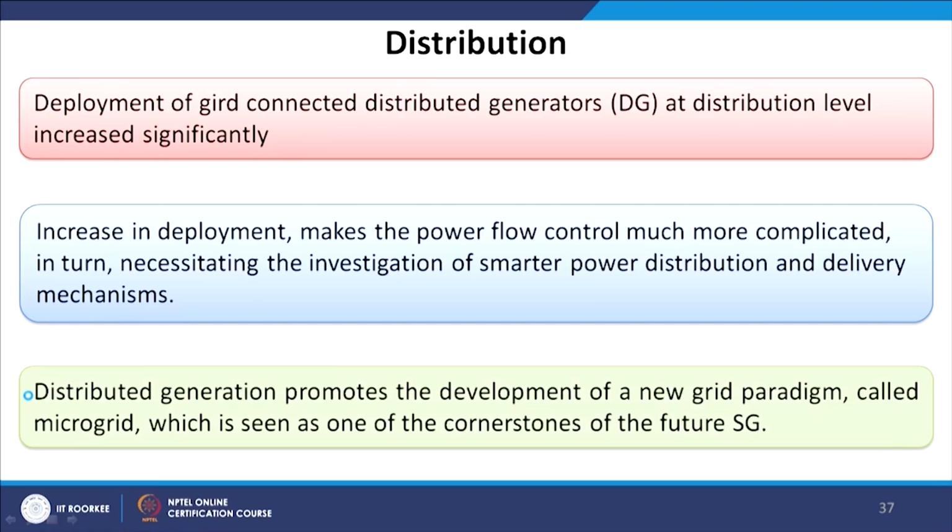Distributed generation promotes the development of a new grid paradigm called the microgrid, which is seen as one of the cornerstones of the future smart grid. Within distribution, we would like to create a smarter distribution system at different voltage levels, the so-called smart grid, considered to be the most important cornerstone of the future grid.